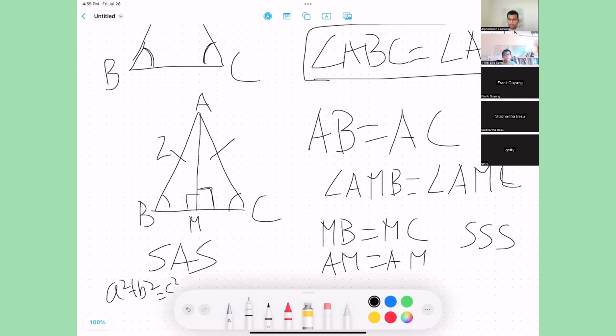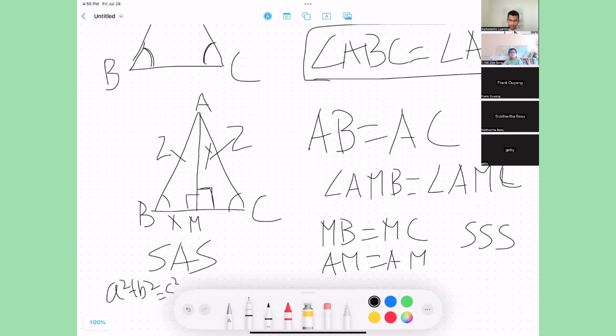And what he's mentioning is since AM equals AM, and AB is equal to AC, BM has to be equal to MC.